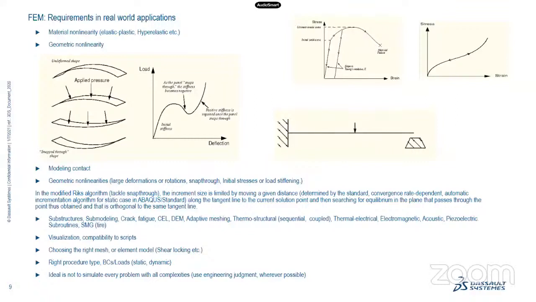Next one, substructures. It's a kind of super element concept. If you have repetitive components, for example a turbine blade, we don't need to solve the complete 3D model with every blade.